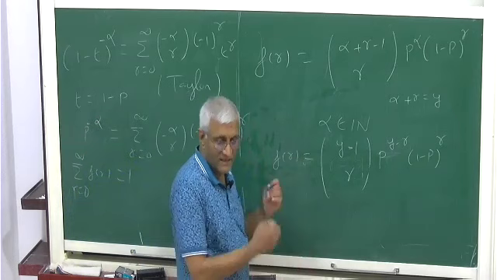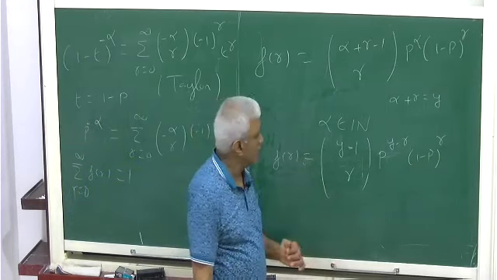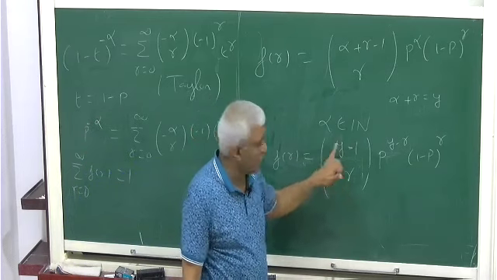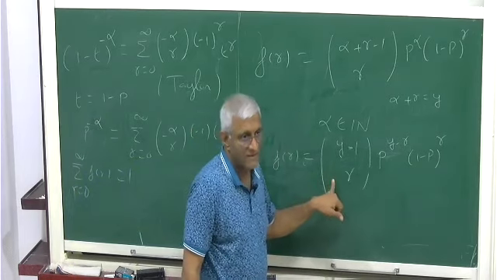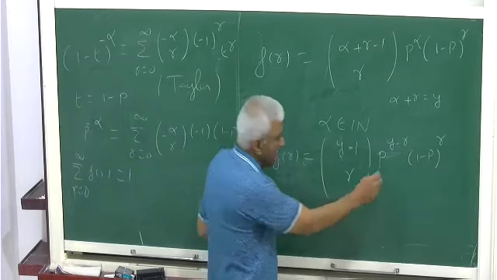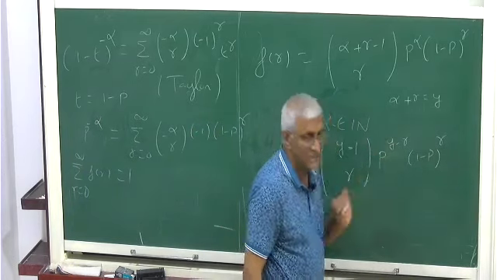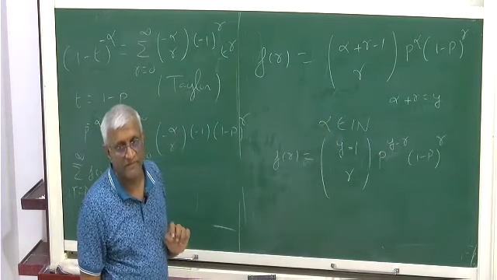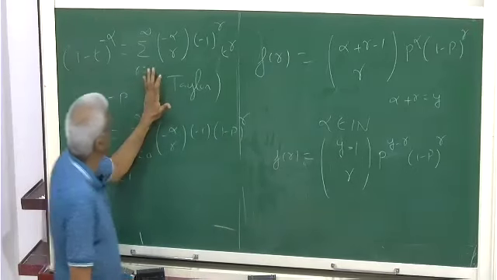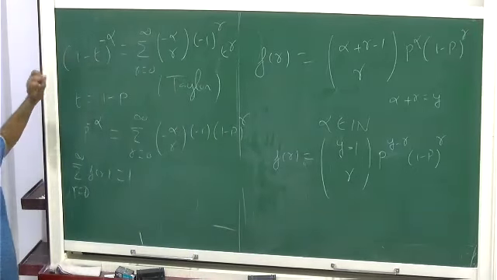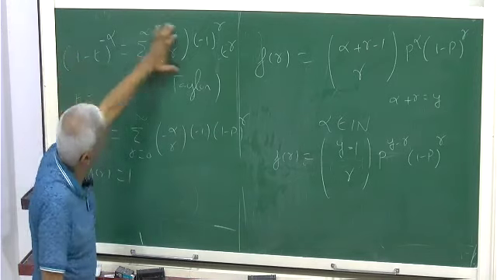The idea is if you toss a coin and you stop when you get r heads. So you stop at the yth point. Till y minus 1, you should have got r minus 1 heads. It should be r minus 1 here. Then this is the probability for getting it, p power y minus r and 1 minus p power r. Anyway, when you study probability through pure mathematics, this is what you should remember.